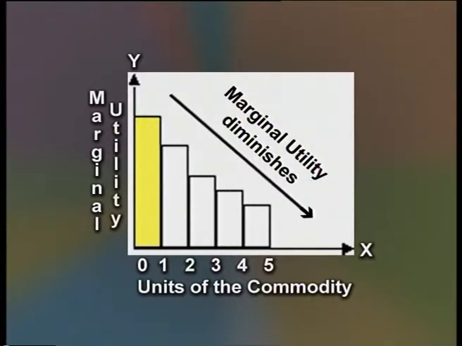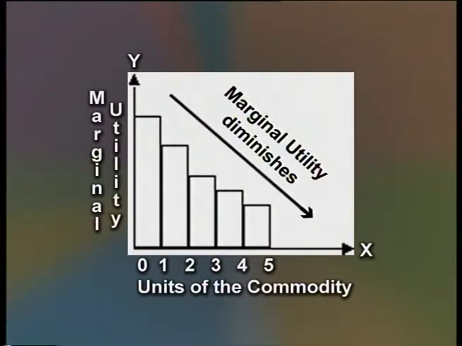The breadth represents 1 unit of the commodity, whereas the height represents the marginal utility. So marginal utility into the quantity purchased will give us total utility. And from the chart you can see that as we move from the left to the right, the areas of the rectangles are going on decreasing.